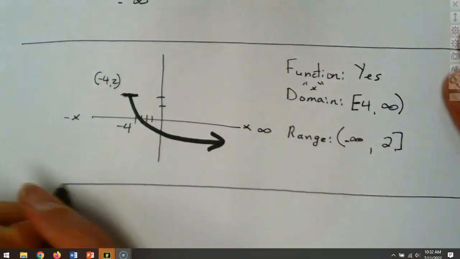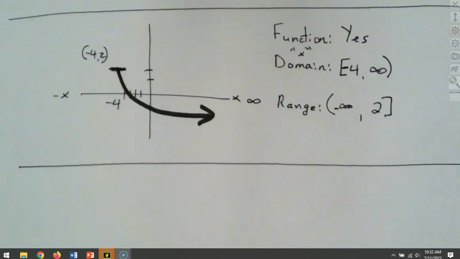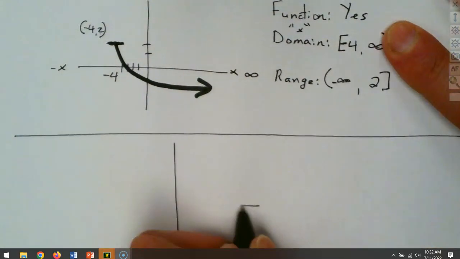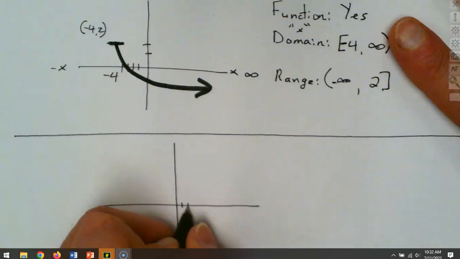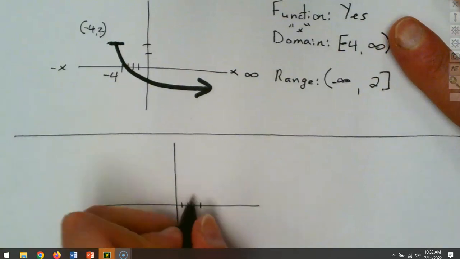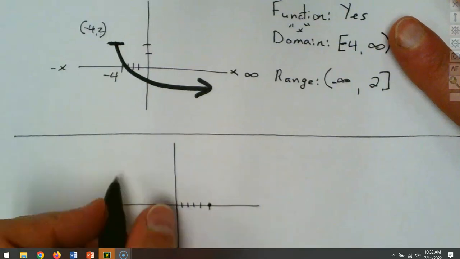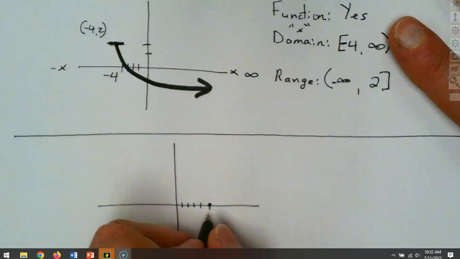Now let's look at something that's not a function. And we looked at a lot of these today. Circles. Circles are not functions. That's going to be 0 or 5, 0 here.